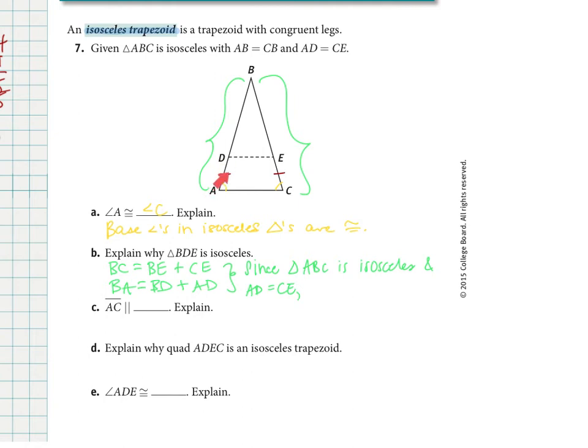So since we know AD equals CE, then that means that BD must equal BE. It has to, right? We have to know that, since altogether, it's kind of by that subtraction property. We know these sides are congruent. We know these sides are congruent. So if we took these away from our whole, these are what's left.